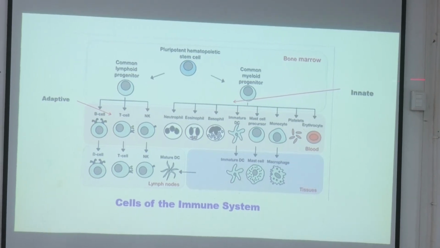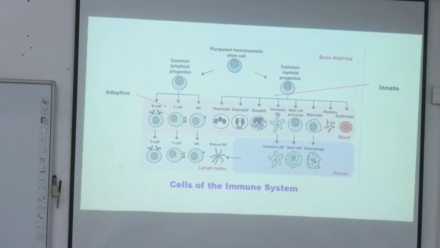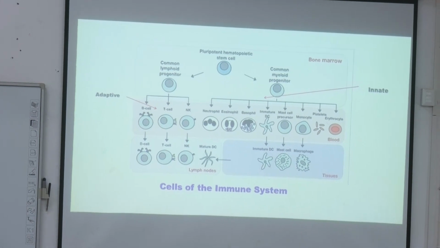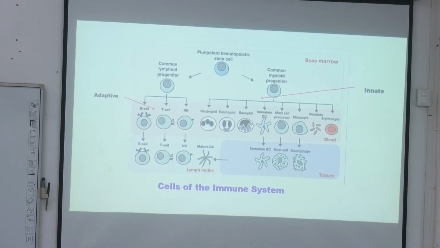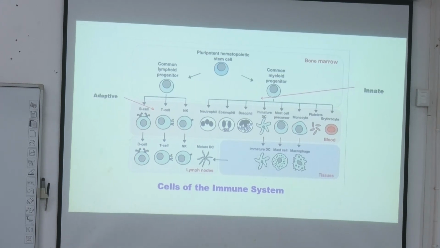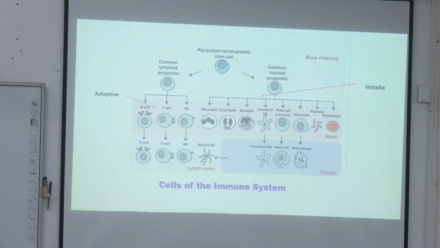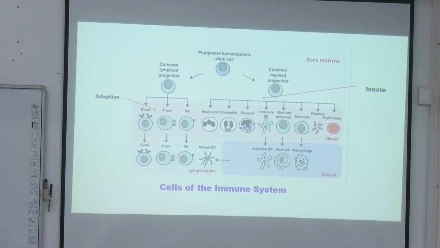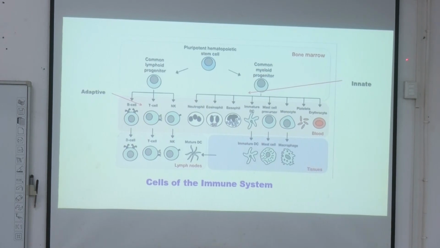These constitute the innate immunity, where prior exposure is not required. They are programmed, having PRR, pattern recognition receptors, and the moment they encounter a microbe having PAMP, pathogen associated molecular pattern, they recognize and kill it. Also, the natural killer cell belongs to the innate system.